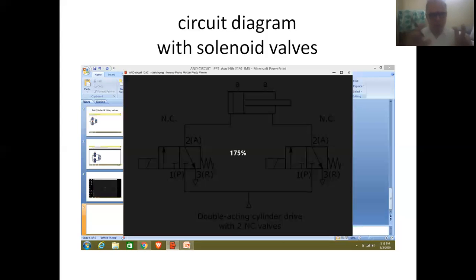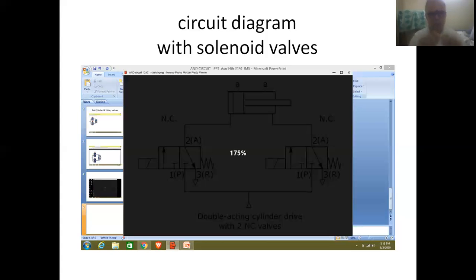Both the valves are provided with a solenoid, a plunger and a return spring. This valve is provided with a solenoid, a plunger and a return spring. Similarly, this valve is also provided with a solenoid, plunger and a return spring.